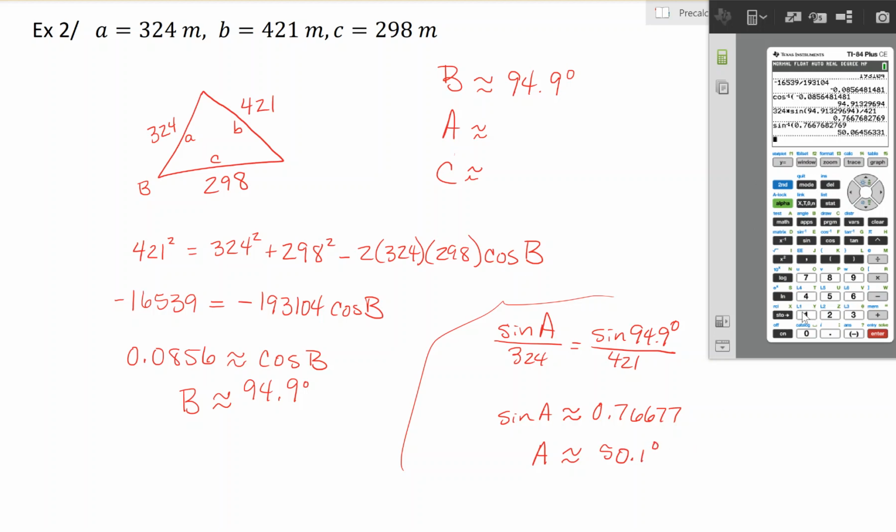All right, let's see here. That's not the only place that the sine of an angle is 50 degrees. We also have 129 degrees. But if we add the 94.9 degrees that we got over here, there's no way that can happen. So we are only going to have the one triangle here.